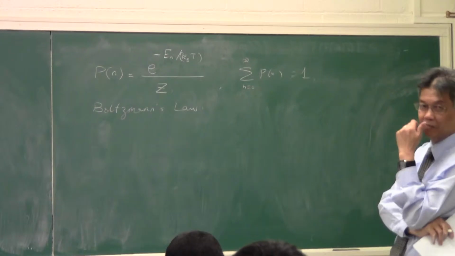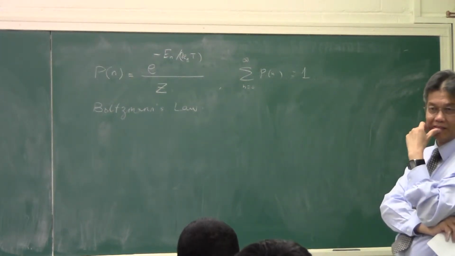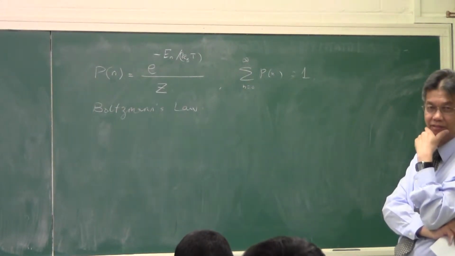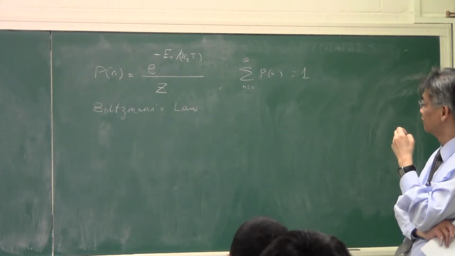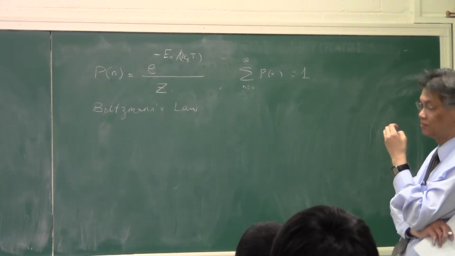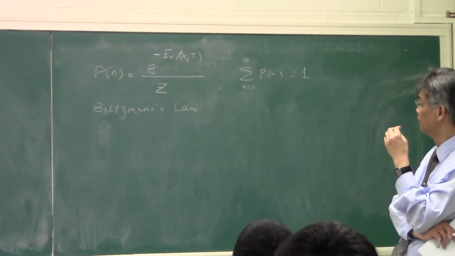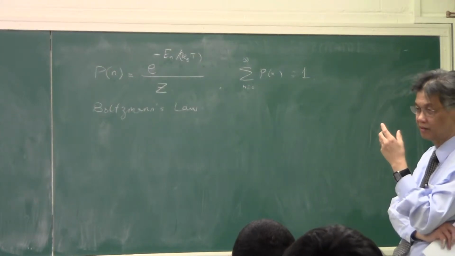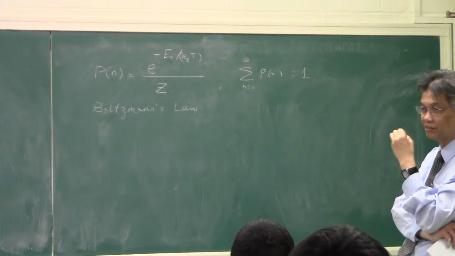It can be derived from thermodynamics and statistical physics. But let's see if it makes physical sense. Let's do a sanity check on this law. What it says is that if the system has a very high energy value, it's very unlikely that the system is in that state, so the probability of the system being in that state is very small.